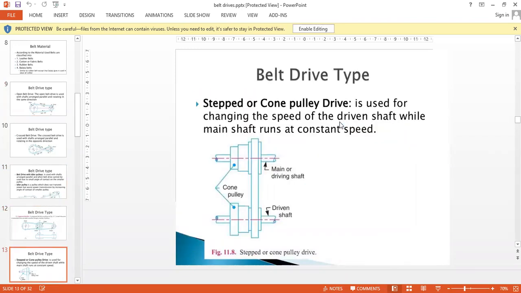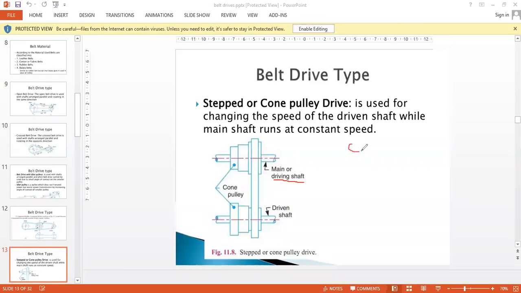So usually we would have seen the step cone pulley drive or a cone pulley drive. What is going to happen where we want to change the speed? We want to change the speed whenever it is required. So one of them is the main shaft or the driving shaft on which a cone of stepped manner will be formed like this.